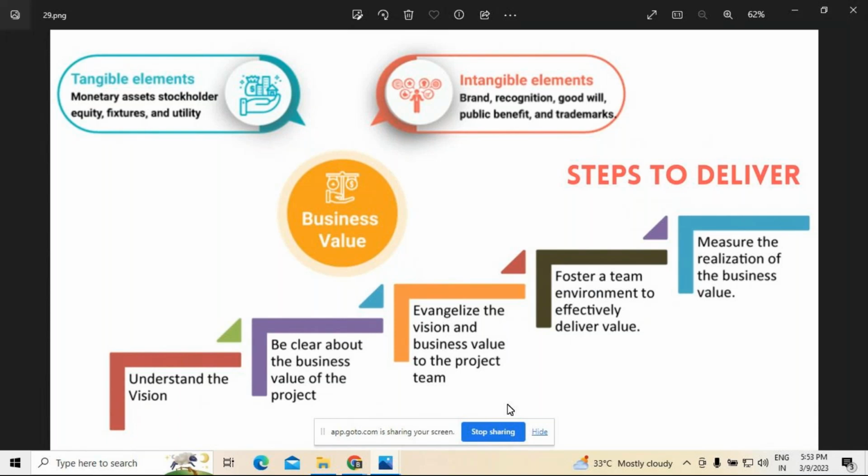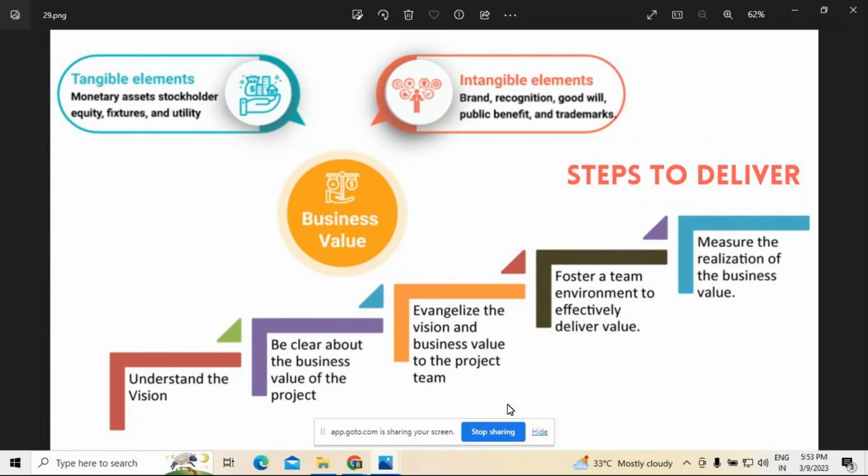At the same time, we need to understand the intangible elements, which is majorly focusing on the kind of brand that particular solution or the requirement has, the kind of recognition that functionality needs, the kind of goodwill which is involved in it.